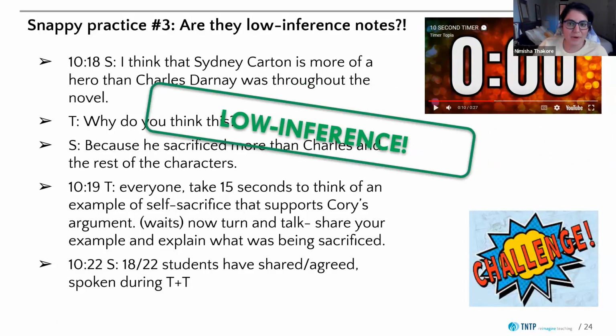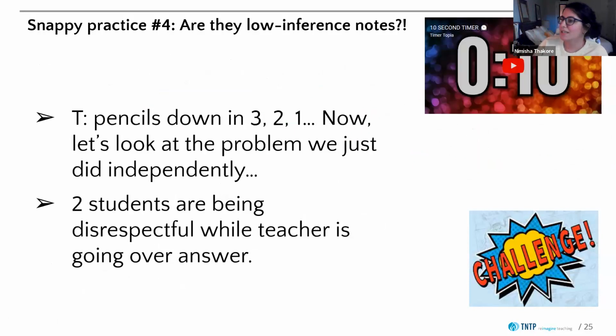One last piece of practice. Teacher says, pencils down in 3, 2, 1. Now let's look at the problem we just did independently. 2 students are being disrespectful while teacher is going over the answer.